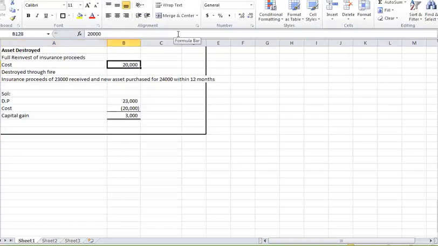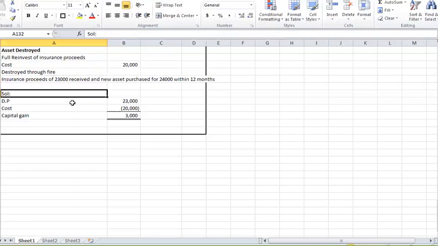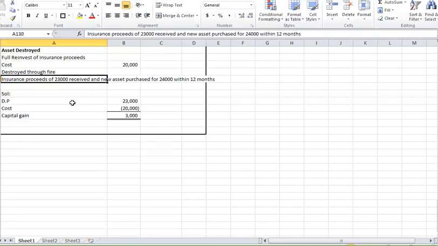We have purchased an asset for 20,000 pounds. This asset was destroyed in fire, and because this asset was insured, we have received 23,000 pounds from the insurance company. And we have fully reinvested our money, even reinvesting 1,000 pounds extra from our own pocket. Not only have we reinvested 100% of the insurance proceeds, but on top of that, we have invested 1,000 pounds out of our own pocket as well.